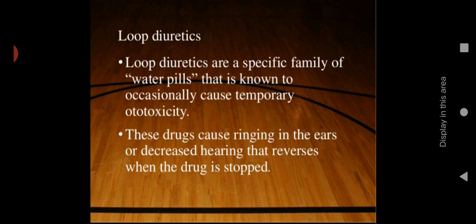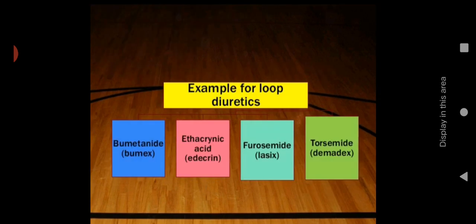Some of the loop diuretics can lead to decreased hearing, and in this condition it is a temporary ototoxicity. Once we stop the loop diuretic infusion or administration, the ototoxicity will be reversed. The examples are bumetanide, ethacrynic acid, furosemide, torsemide.